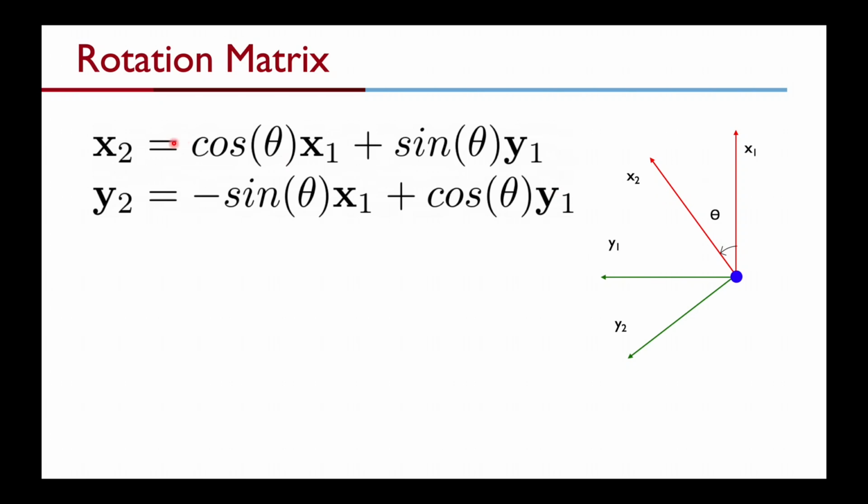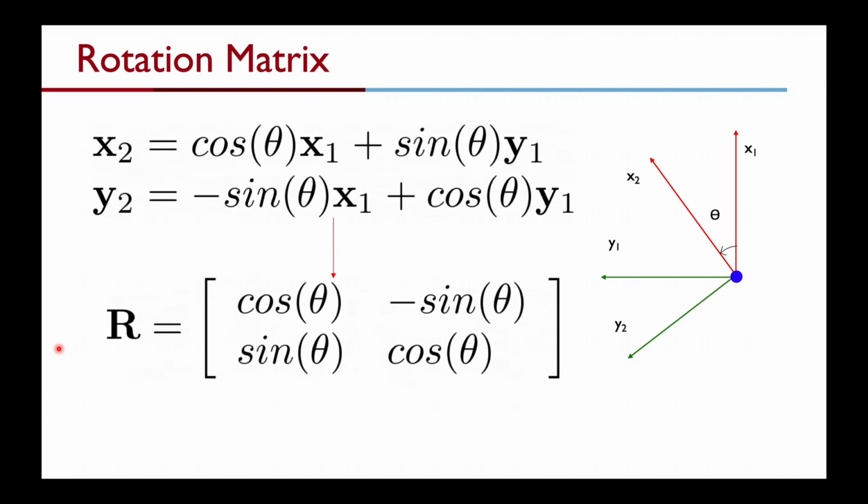So you can write x2, the unit vector along x2, as the cosine component of x1 plus the sine component of y1. And by similar logic, you can write y2 as the negative sine of x1 plus the cosine of y1. I'll let you pause this video and take your time to convince yourself that both of these expressions are correct. So when we want to express x2 in terms of x1 and y1, and y2 in terms of x1 and y1, this trigonometric relation holds.